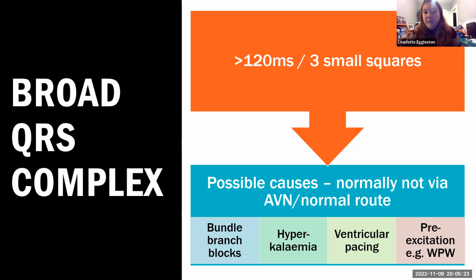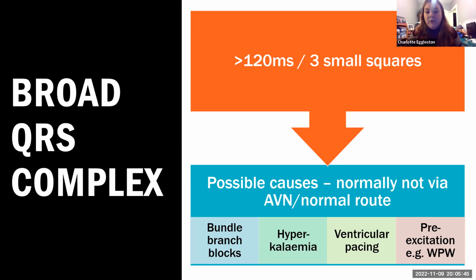Broad QRS complexes are where they're greater than 120 milliseconds or 3 small squares. In exams, this is quite commonly from bundle branch blocks, or as you said, in Wolff-Parkinson-White you do get a longer QRS because it's all going from one side. It could be a ventricular pacing rhythm, like a ventricular tachycardia.